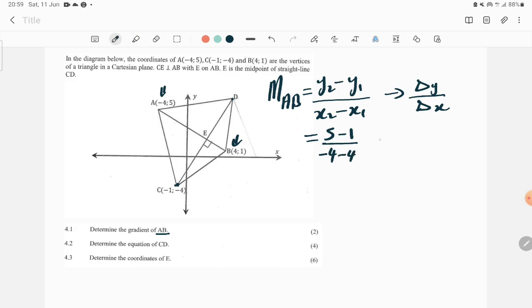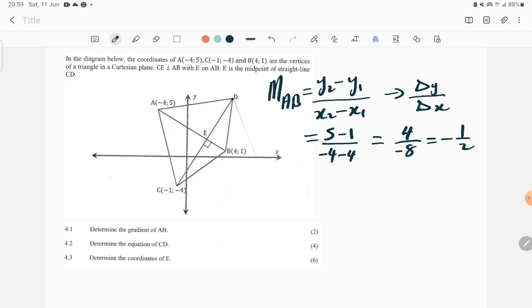So we have 5 minus 1, which is 4, divided by negative 4 minus 4, which is negative 8. The simplified answer is negative half. So the gradient of AB is negative half. And we expected this gradient to be negative because you can see that the line is going down as you move to the right hand side.